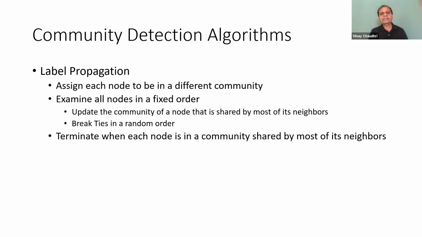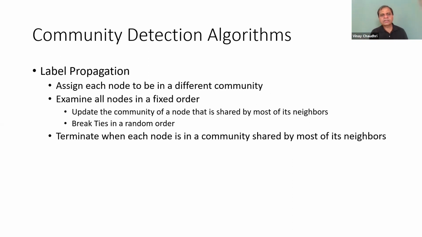Then we fix an order in which we are going to examine all the nodes and update which community they belong to. We examine one node at a time, and the way we update its community is we examine what are the communities to which its neighbors belong.